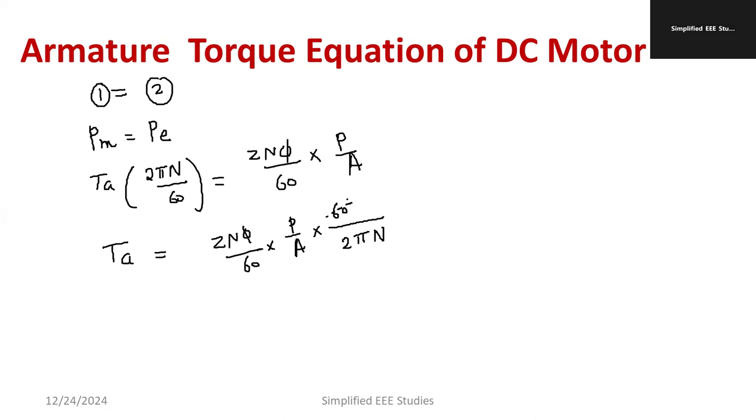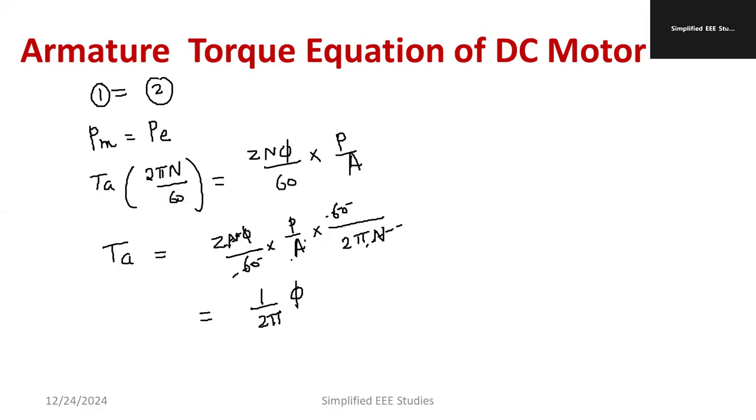Here 60 and 60 get cancelled, and n also gets cancelled. The remaining term is 1 by 2 pi.